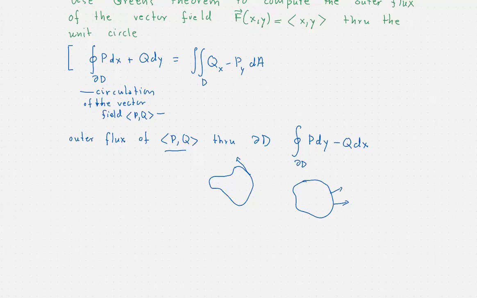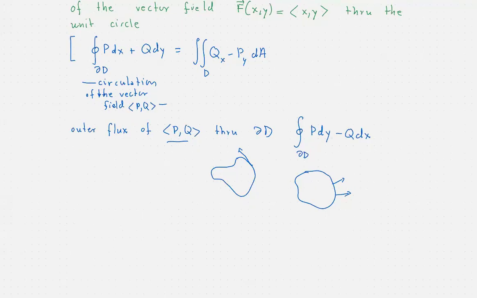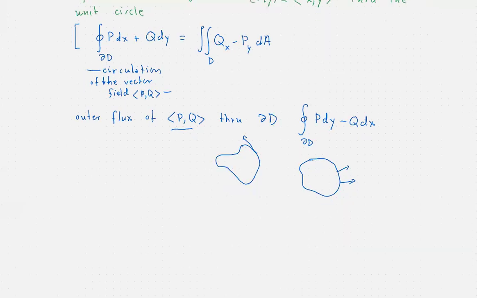Now, the interesting thing is that the flux form of Green's theorem, as we say, becomes the following. This is equal to P sub x plus Q sub y, and that's what we integrate over D. And this also has a name.